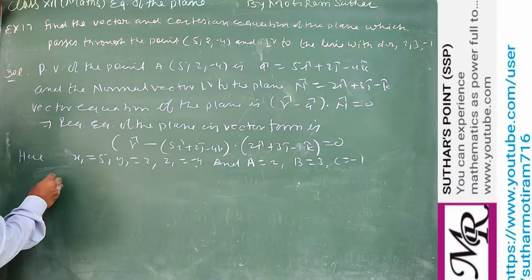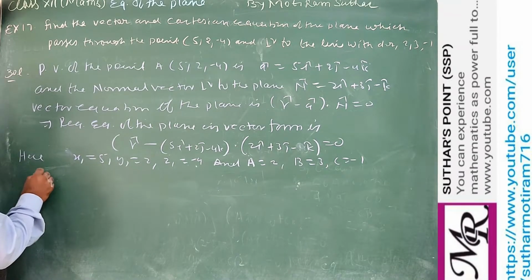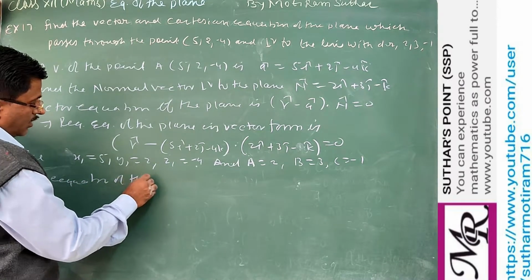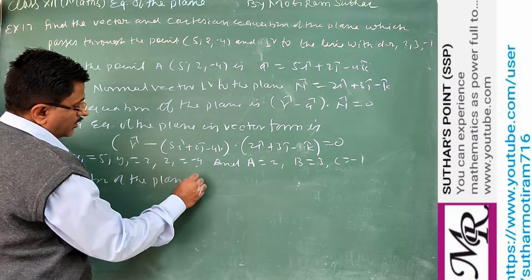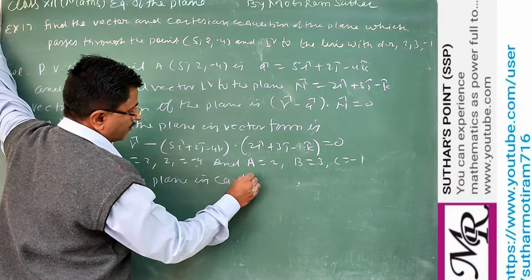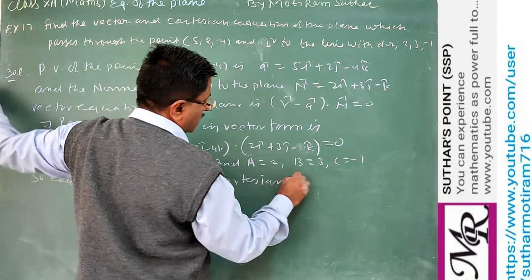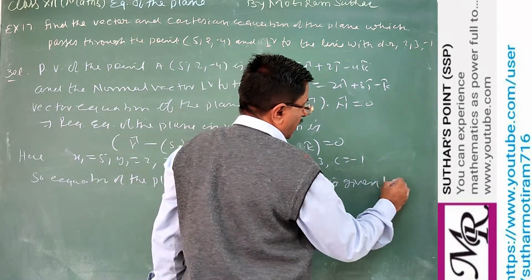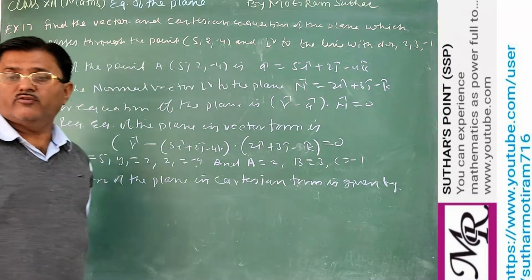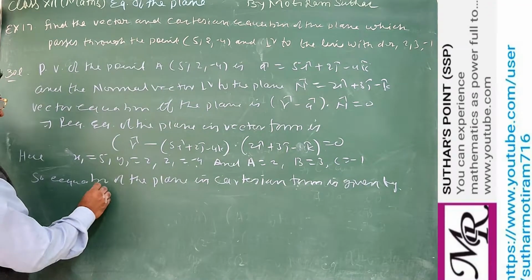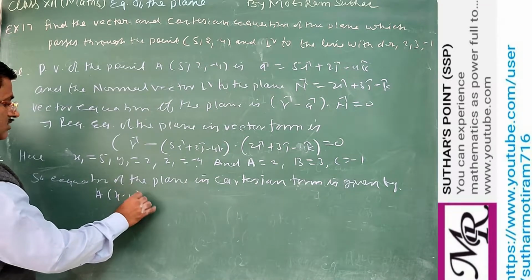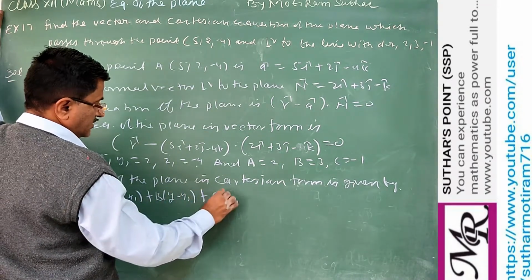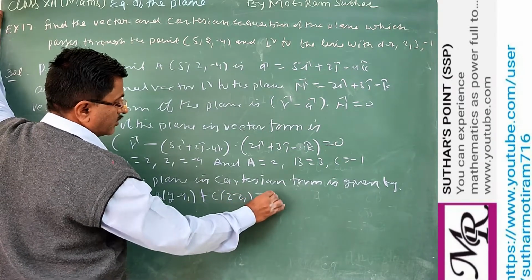So dear students can write, the equation of the plane in Cartesian form is given by, now we write the general formula, that is a(x minus x1) plus b(y minus y1) plus c(z minus z1) equal to 0.